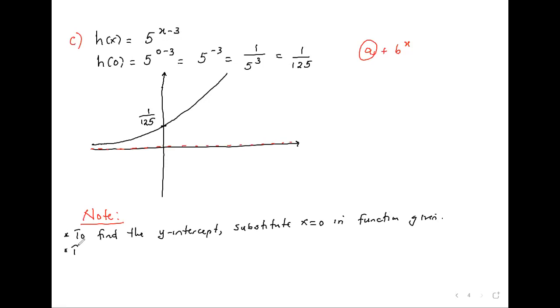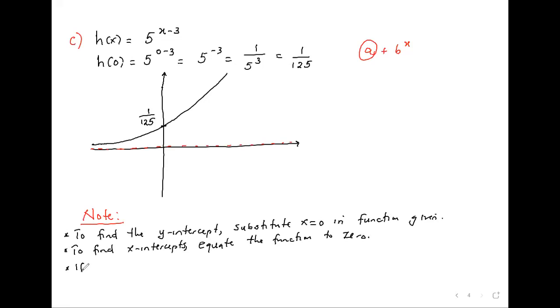Two, to find the x-intercept, equate the function to 0.